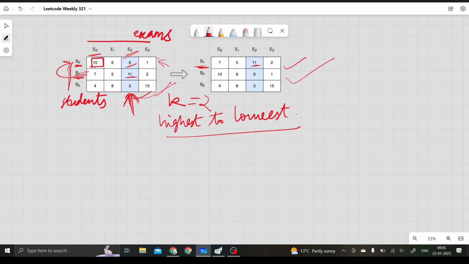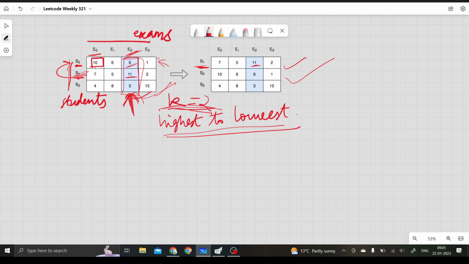So this is the matrix given to us, and according to the integer K we have to target that particular exam. K was 2, so we targeted the E2 exam. Then we sort this column from highest to lowest. But sorting this column means we are actually sorting rows.